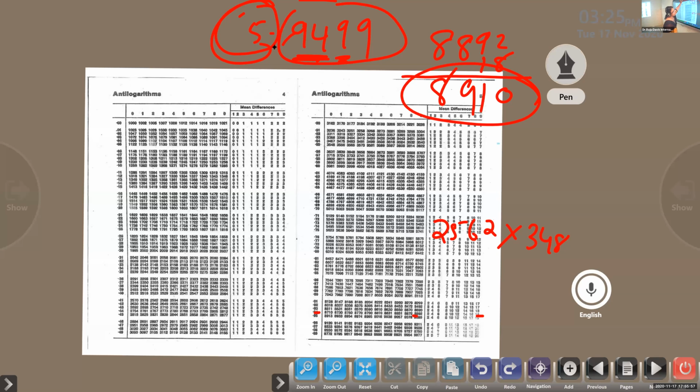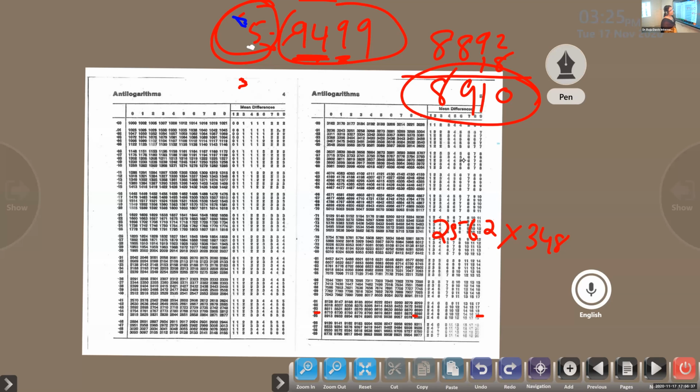So according to that many digits, we have to shift this number to the left side. If you get 0.8910, we have to shift it. How many fives are there? Shift it to the left. So when you shift it, 8910, 5 digits, we have 1 digit less. Add 1 zero. So this is how we can find it in anti-log.